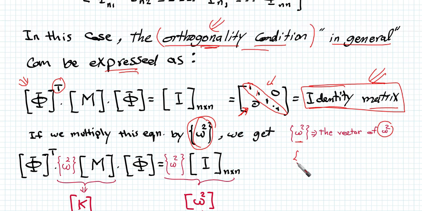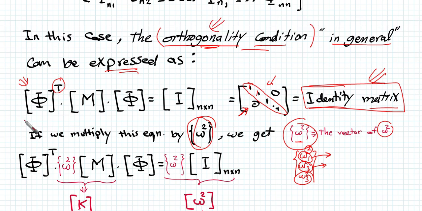This means that if we have omega_1 squared, omega_2 squared, omega_3 squared, these are the squared circular frequencies of the first mode, the second mode, and so on and so forth. So if we multiply the left-hand side and the right-hand side by this vector, let's see what we are going to obtain.